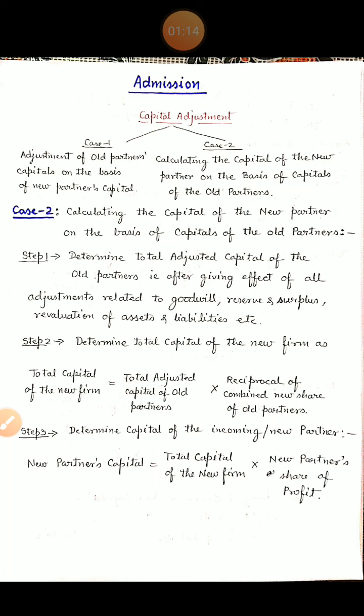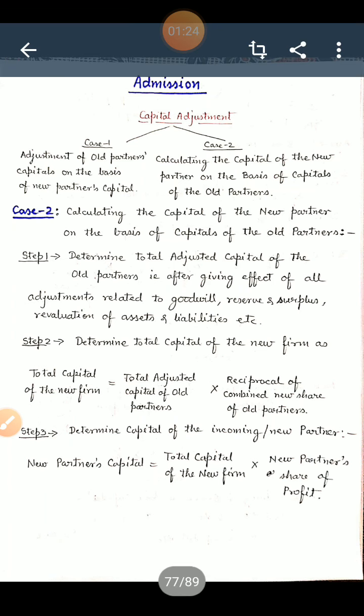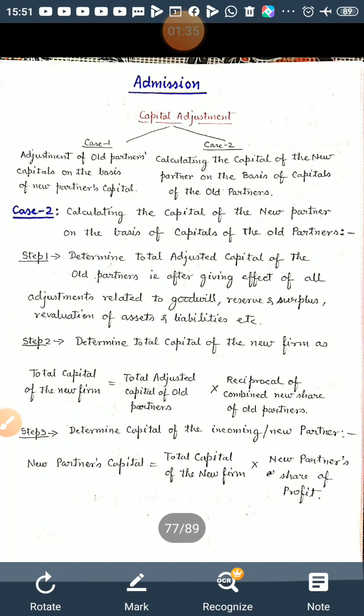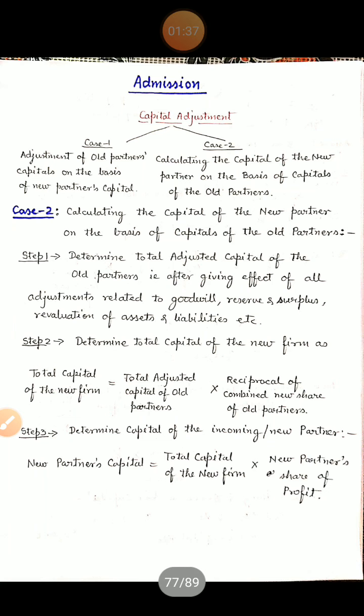Children, in such questions, the new partner's capital is not given. Although the question gives you information that the new partner is bringing capital, the amount is not mentioned. They usually use the language that the new partner will bring proportionate capital according to his own share, right?